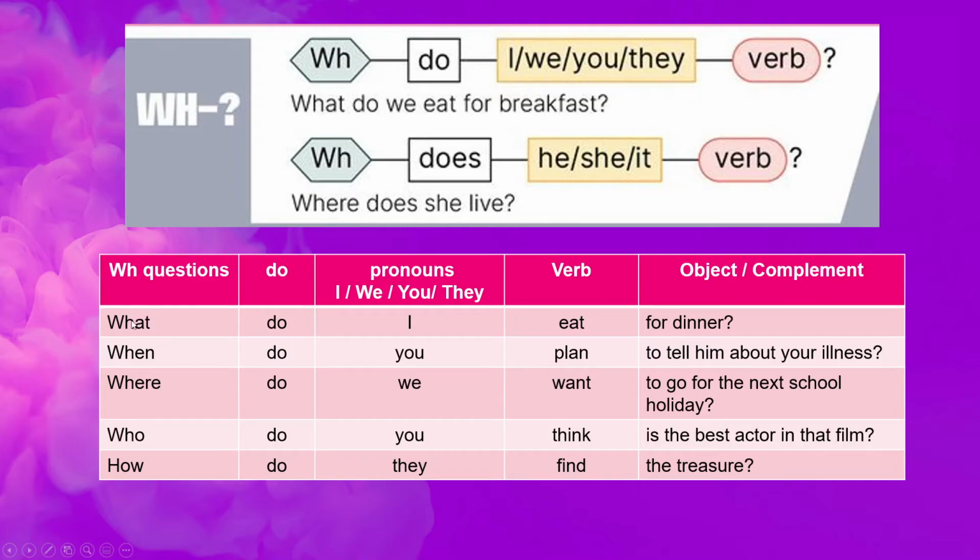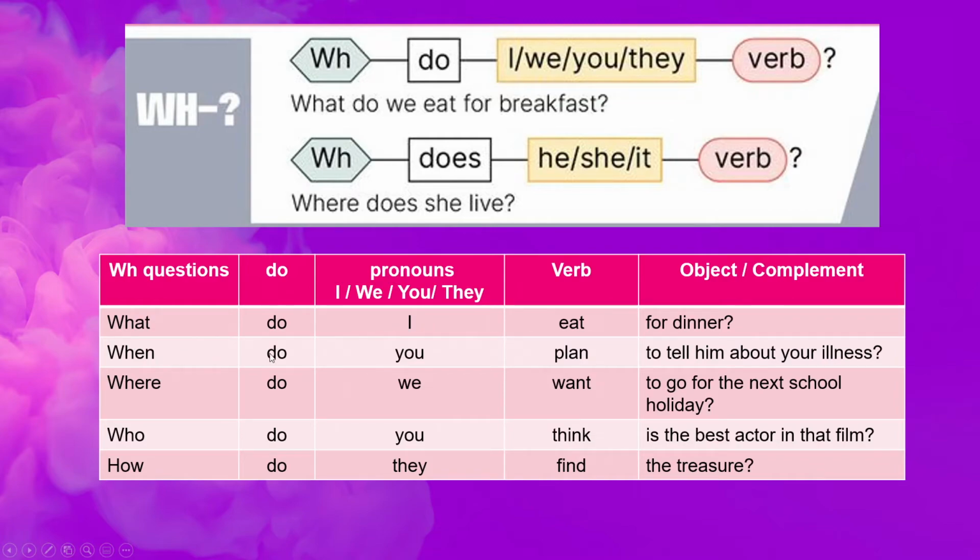What do I eat for dinner? Just now I said when you use do or does, the action verb will be in base form. Sama juga. Jangan tambah s, jangan tambah ing, jangan ubah kepada past tense. What do I eat? What do you eat? What do we eat? What do they eat? Sama je.